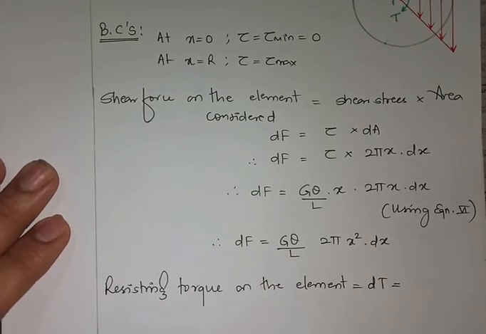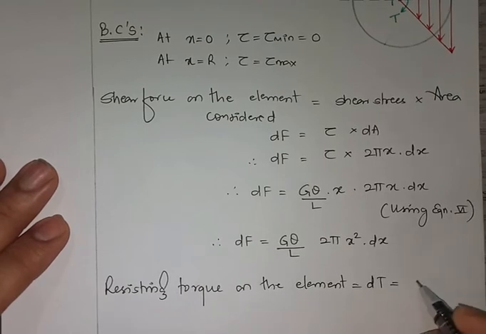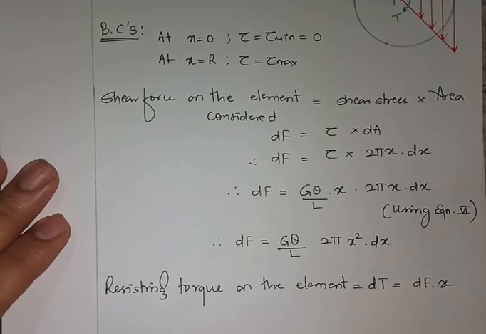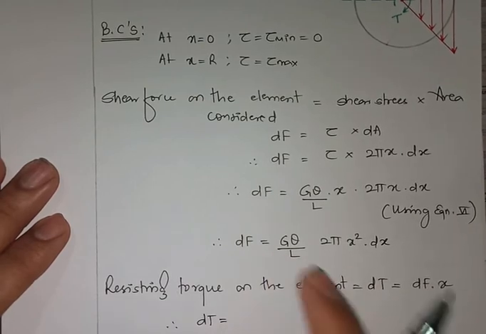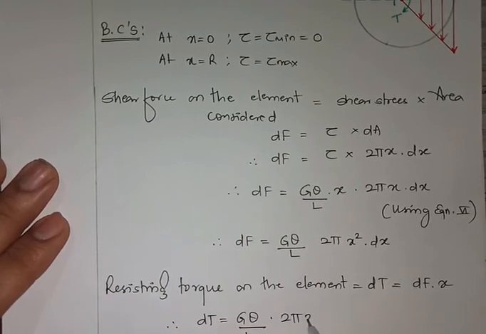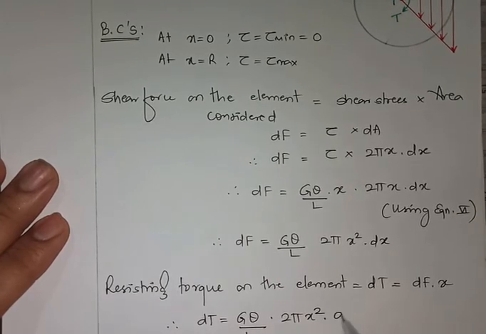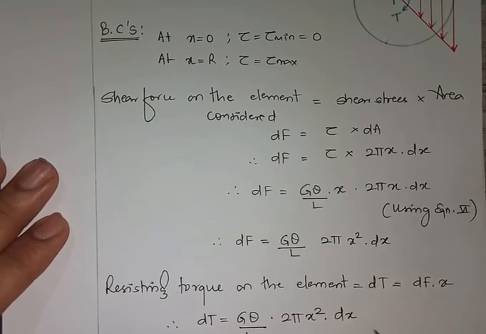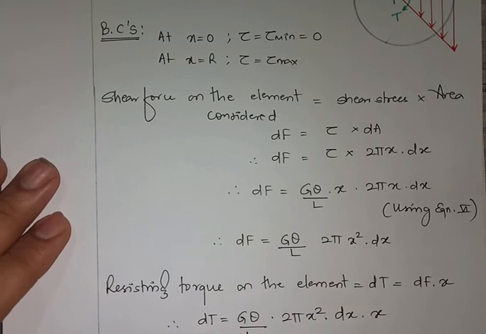We know that torque is equal to force into radius. The force is dF, and the radius of the element is x. So dT is equal to dF, taking its value from above: G theta divided by L into 2 pi x square into dx, and this is the radius x.